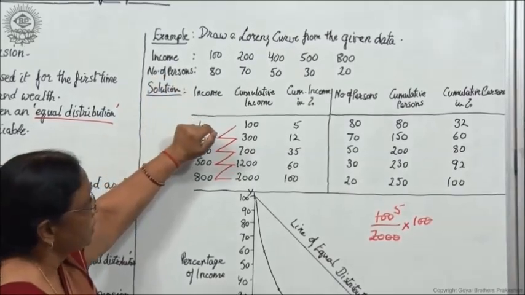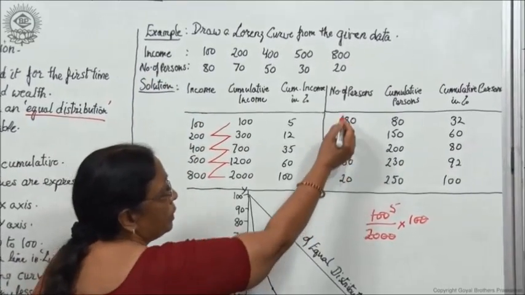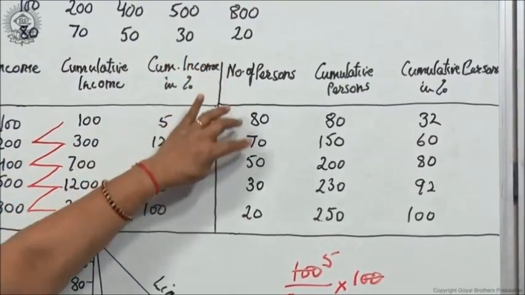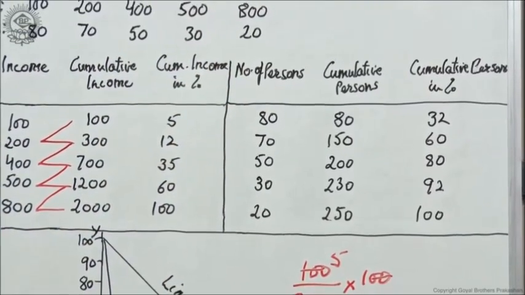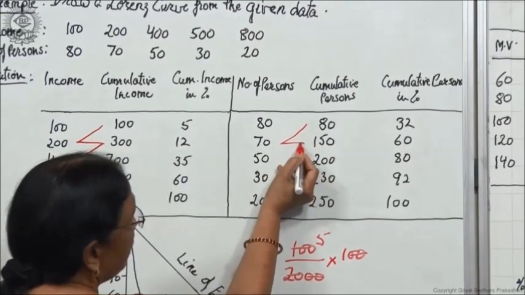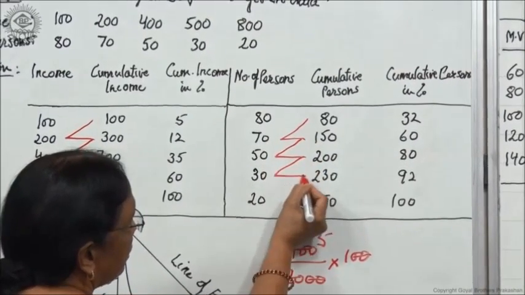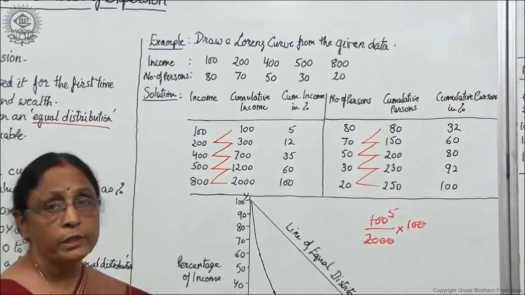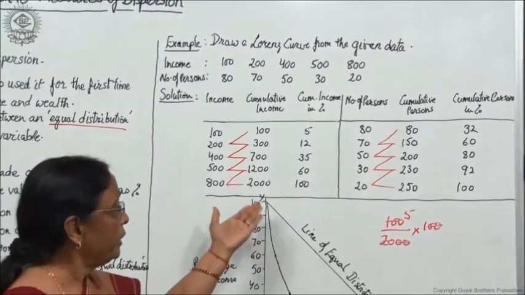Second is number of persons. Now copy down the number of persons in the same order: 80, 70, 50, 30 and 20, right. Now calculate the cumulative here again in the same way, right. Now what is the next step, as you have done it here?